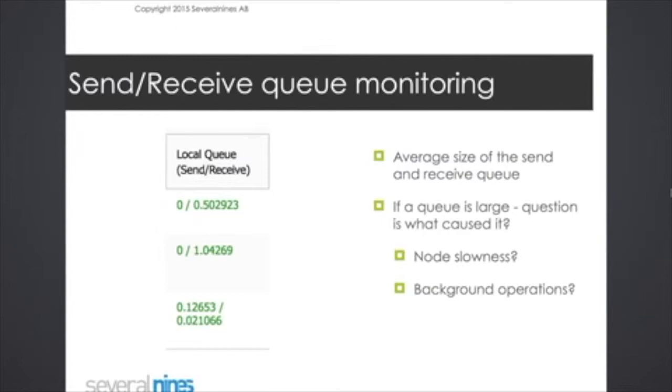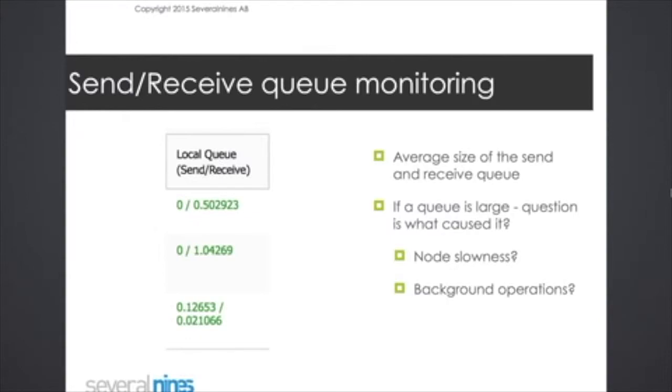It could be node slowness. The node slowness can be something periodical. It can be a transient or it can be a permanent state. It could be caused by some background operation, like, I don't know, a backup, or maybe a heavy query that utilized a significant part of the resources, and as a result slowed down the node.